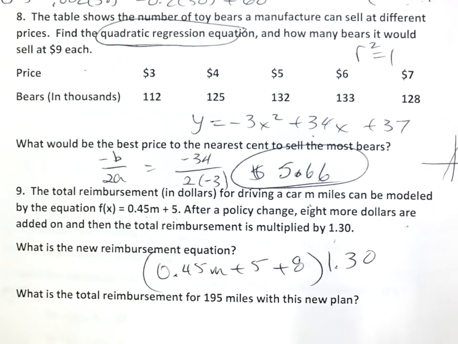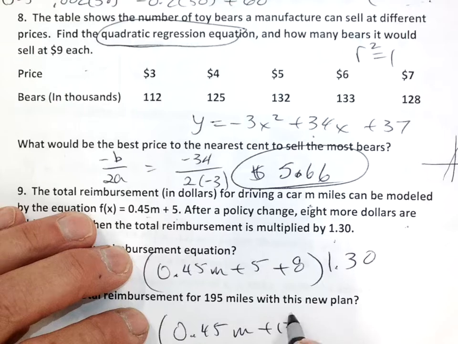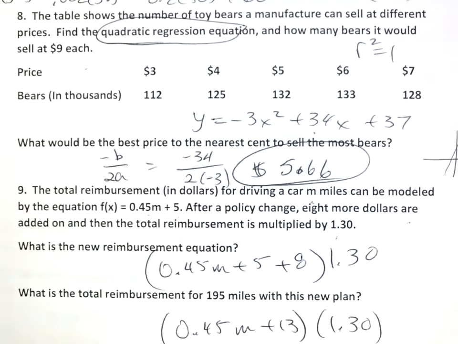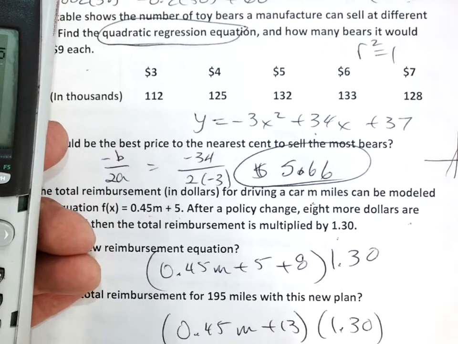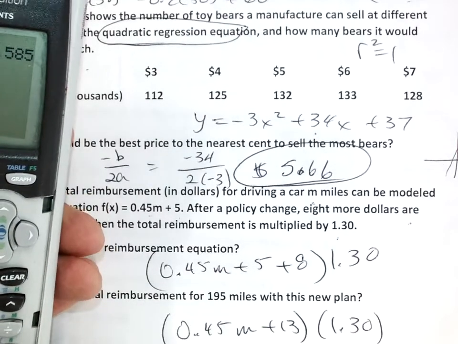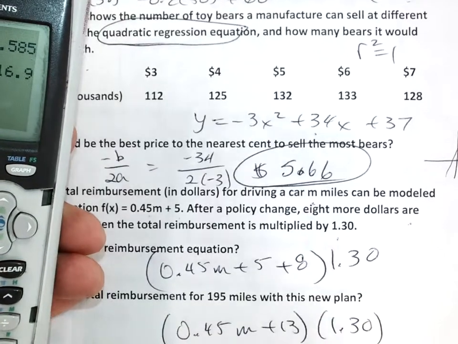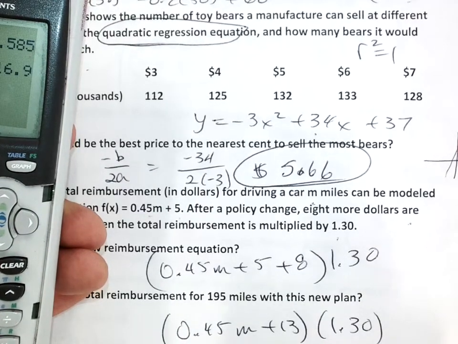All right, so let me do this. That is 0.45 m plus 13, times 1.30. Let's see, calculator, let's multiply that. 0.45 times 1.3, and I get an answer of 0.585 m, so about 58.5 cents per mile, plus 13 times 1.3, I get an answer of about $16.90.